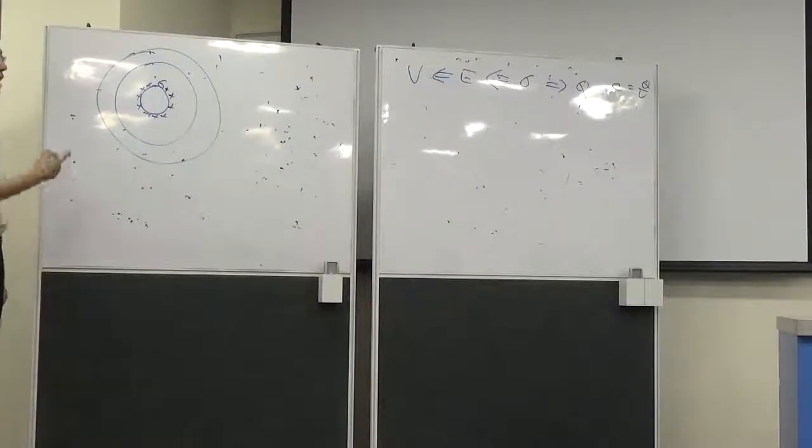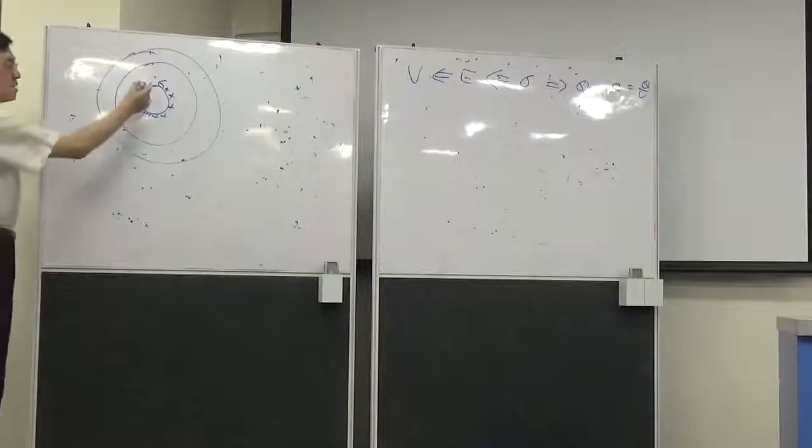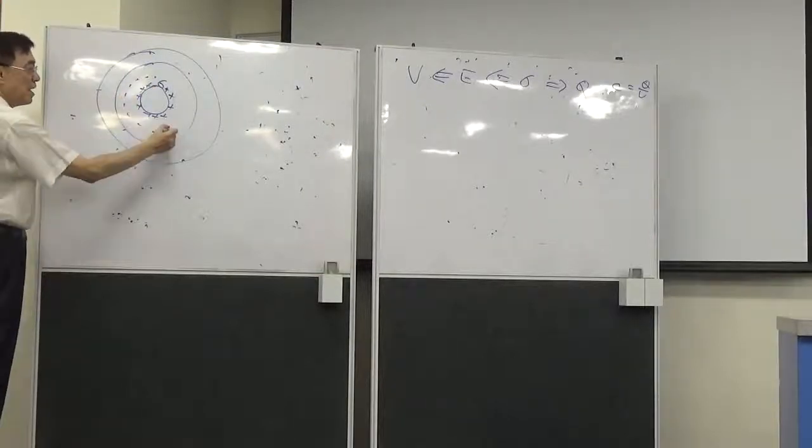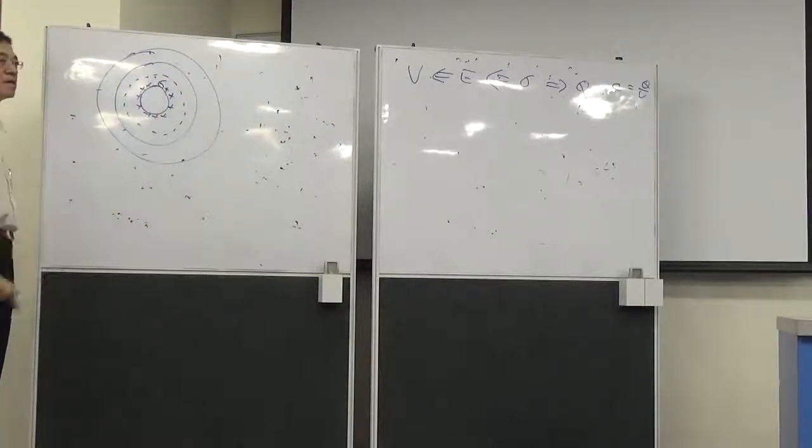Okay, so now I have this already. Then the next thing is that I draw a Gaussian surface here. I find the electric field.